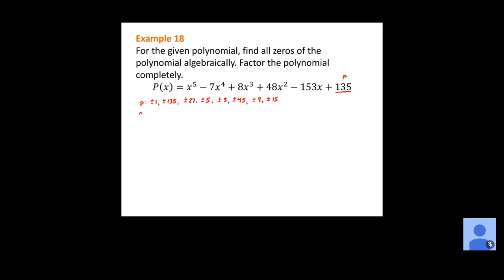Now let's look at the Q values. So what's Q going to give us? Just 1, right? So remember, leading coefficient this time is understood 1, so the Q values are just the plus or minus 1 this time. Now, once we have P's and Q's, then we have to do what?